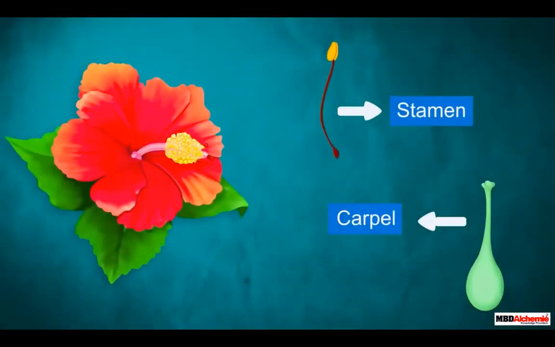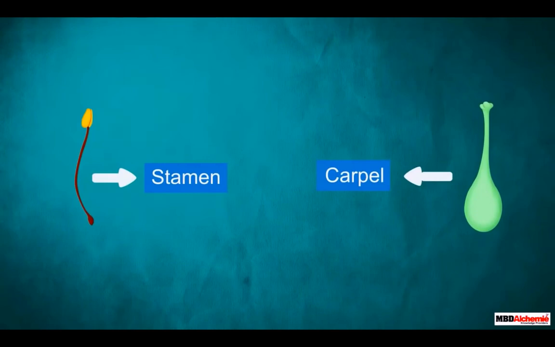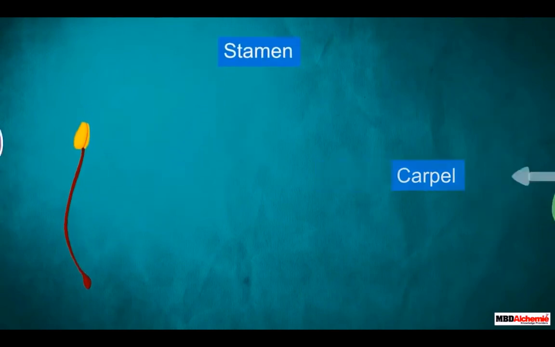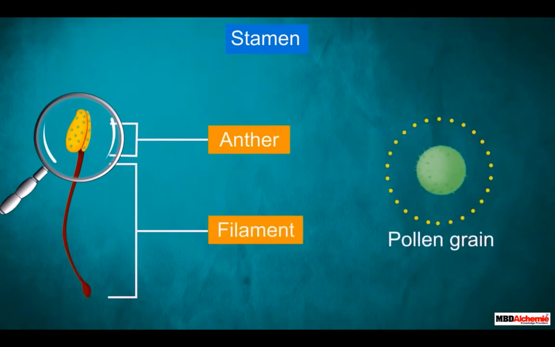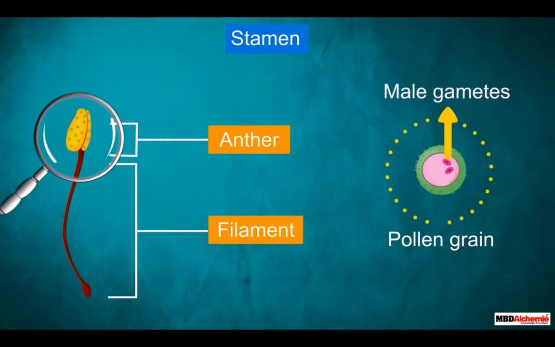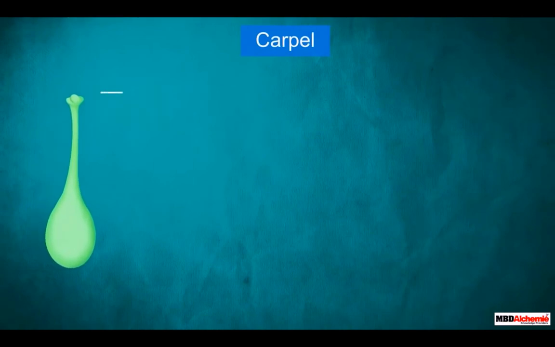Now let us know about the different parts that make up a stamen and a carpel. A stamen is made of two main parts, anther and filament. The anther produces pollen grains. It is the pollen grain that contains the male gametes. A carpel, on the other hand, is made up of three parts. The terminal part is called the stigma.